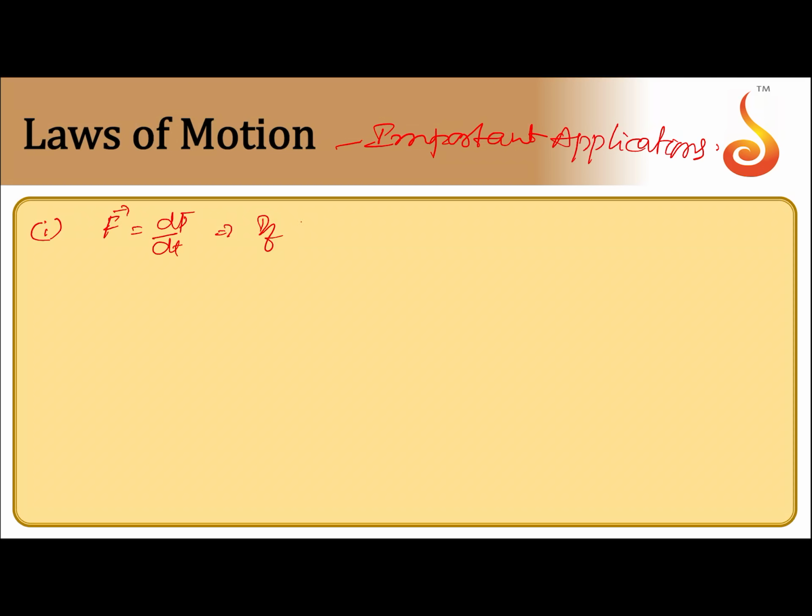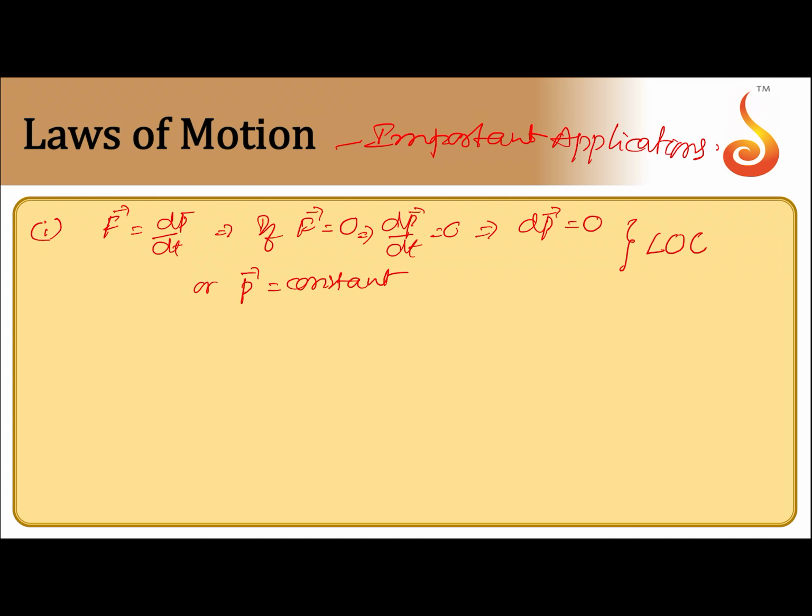Now, if force is 0, then dp by dt is also 0, which implies that dp is 0, or the change in momentum is 0. Correct? Change in momentum is 0 implies momentum is equal to constant. This is what is known as law of conservation of momentum.